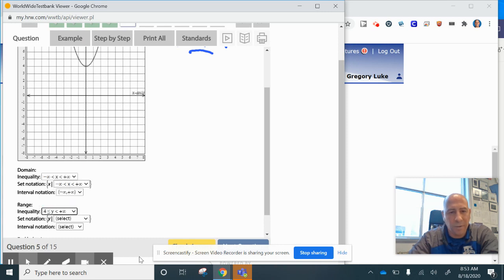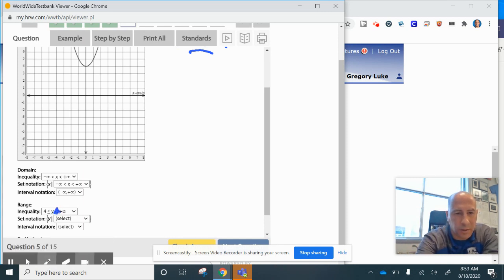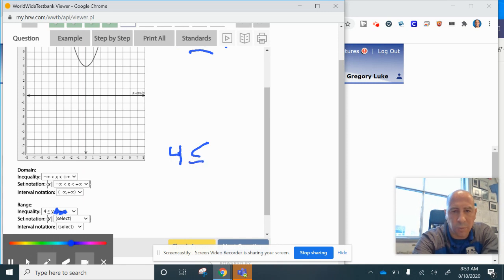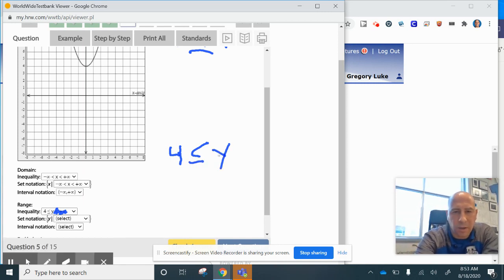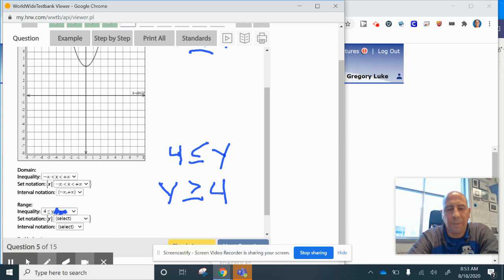The answer is this, but I would argue that you don't have to write the positive infinity there. You could just write it as 4 less than or equal to y. And the reason being is, if I rewrite this, I can write it as y greater than or equal to 4. This implies the positive infinity.